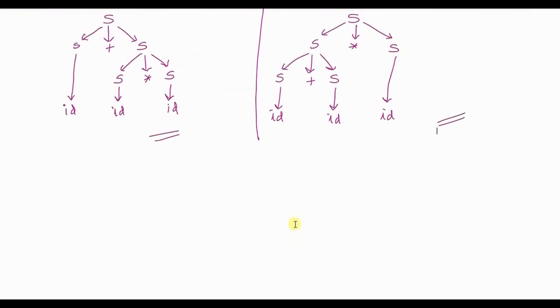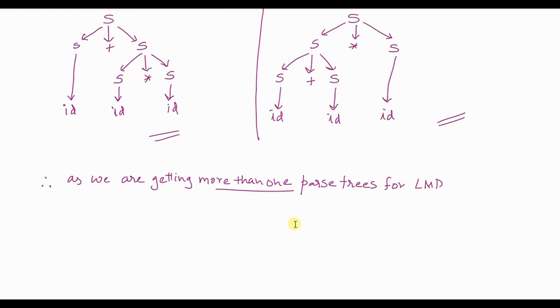So we can say, therefore, as we are getting more than one parse tree for leftmost derivation, the given grammar is ambiguous.